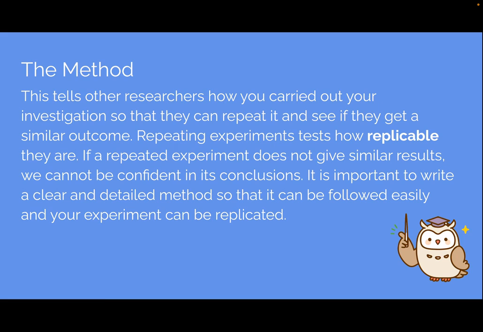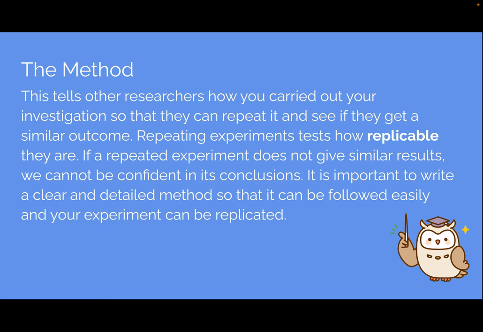If a repeated experiment does not give similar results to what somebody got before, we can't be confident in the first experiment's conclusions. We can't rely on that experiment to give us good information. And it's important to have good information because people use experiments and apply them in the real world.